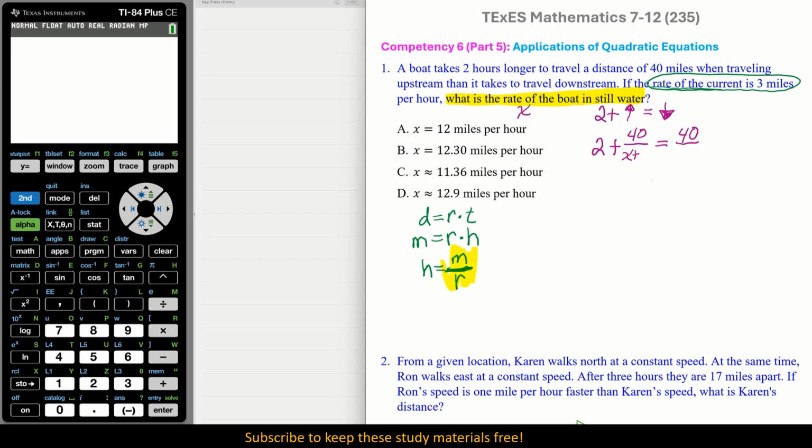I have to add on more miles per hour. It's going to take me longer. So when I'm going upstream, it's going to be x + 3. And when I'm going downstream, that's a -3. Okay? X minus 3.